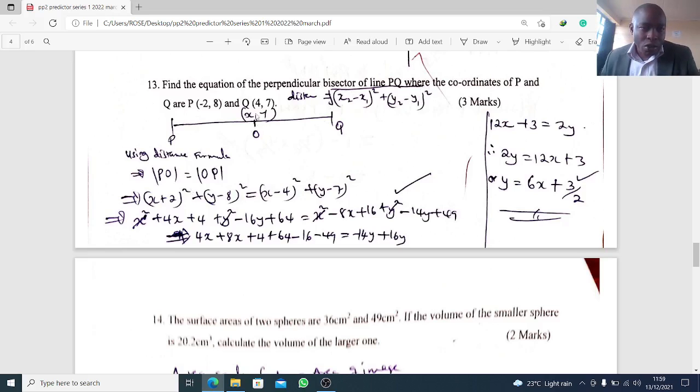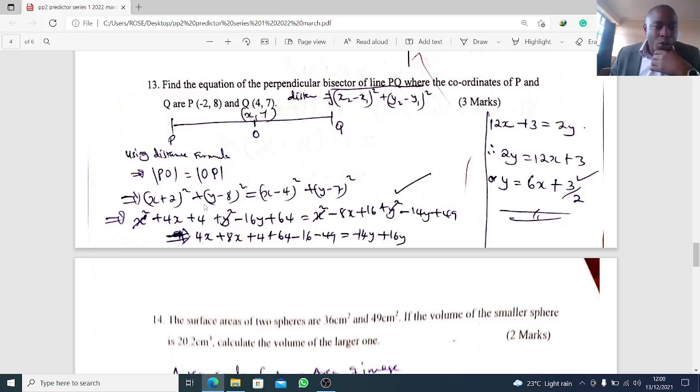If I introduce a center O with coordinates x, y, then P and Q have the coordinates given. Then we know that the modulus of PO equals the modulus of OQ, because this is the center. The lengths are equal, and therefore x minus the x-coordinate of this, which is negative 2, x minus minus 2 is x plus 2, squared.